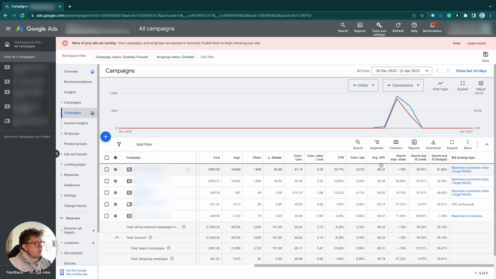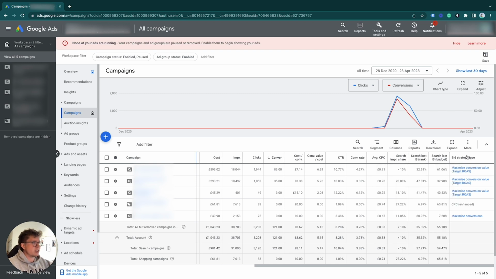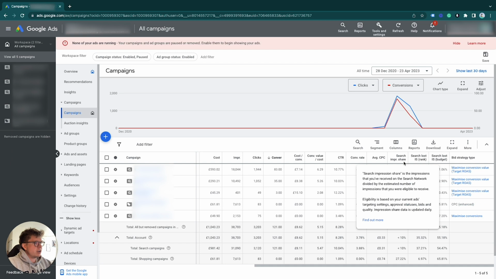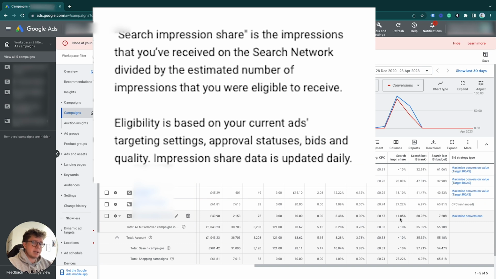And then if we move over, in my previous video I went over search impression share, and these 3 metrics I really like to use a lot, so I'm going to go over them in terms of e-commerce, which is relatively similar to the lead generation I explained. The first column, search impression share, basically shows us the percentage of times we are showing up compared to the percentage of times we can show up.